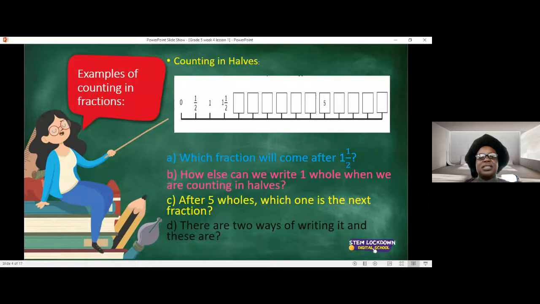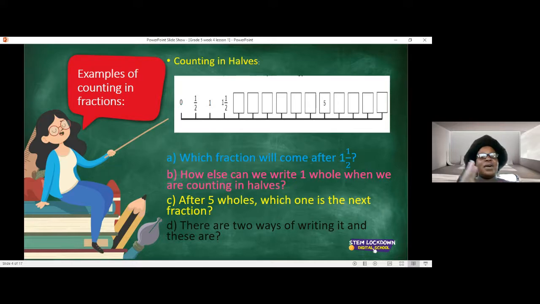For now, you can just see counting, because we've been counting in halves since we were in grade R or grade 1. So it's 0, half, 1, 1.5, 2, 2.5, 3, 3.5, 4, 4.5, 5, 5.5, 6. So you see, you can actually rhyme it, and then it becomes easier for you.